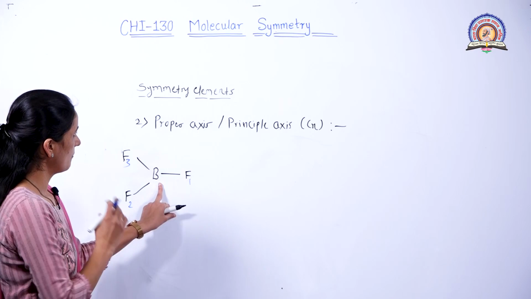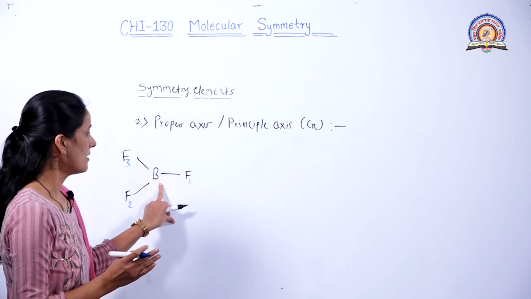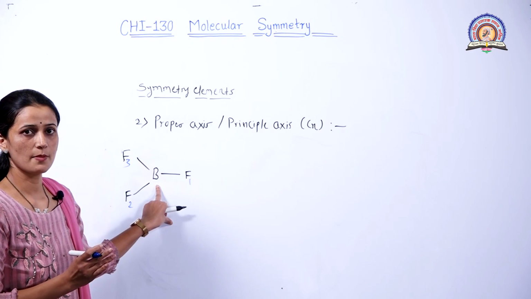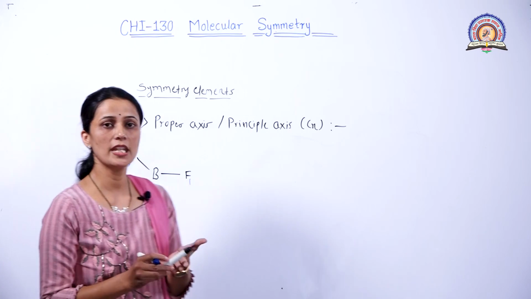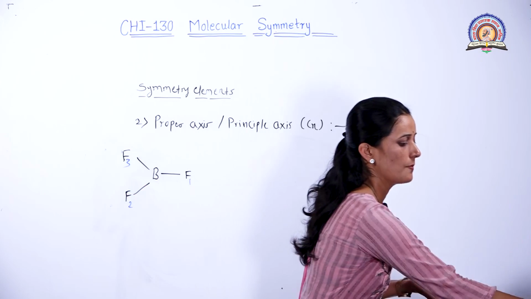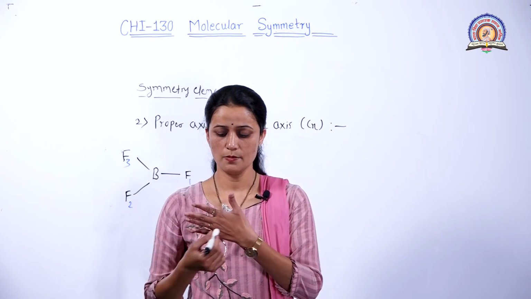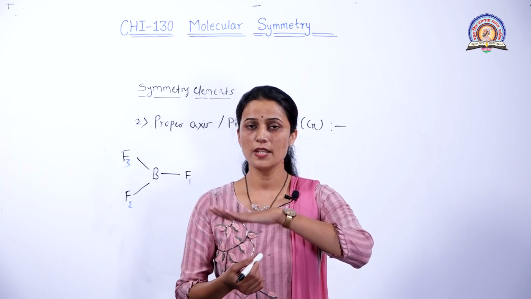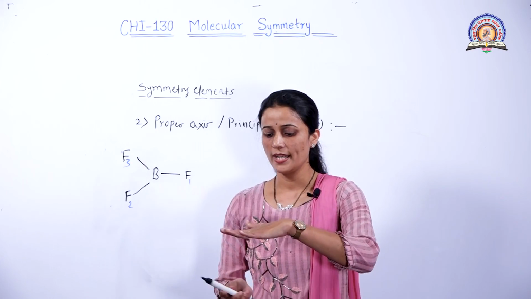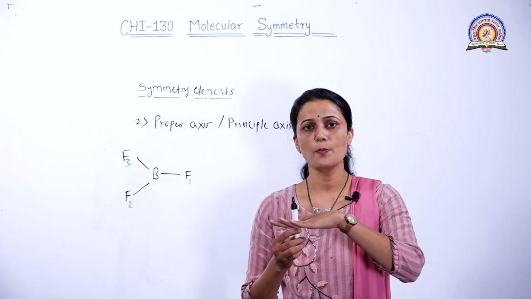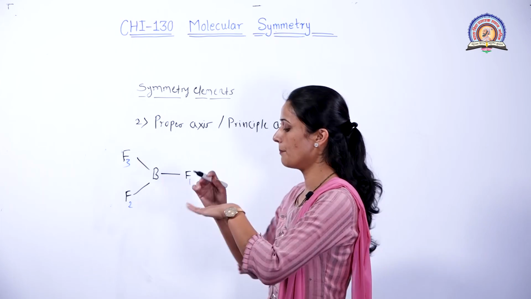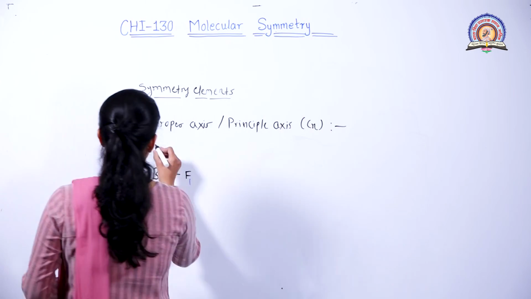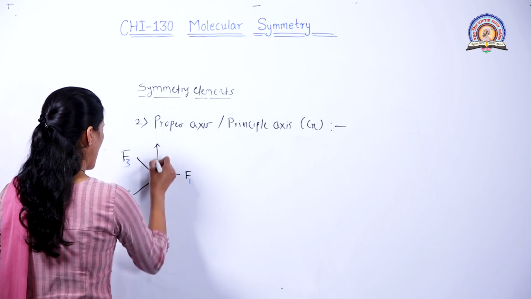Now the next question is where is the proper axis or principal axis? As the BF3 molecule is planar, suppose here is your boron, and here are the three fluorines. The principal axis passes through the boron.